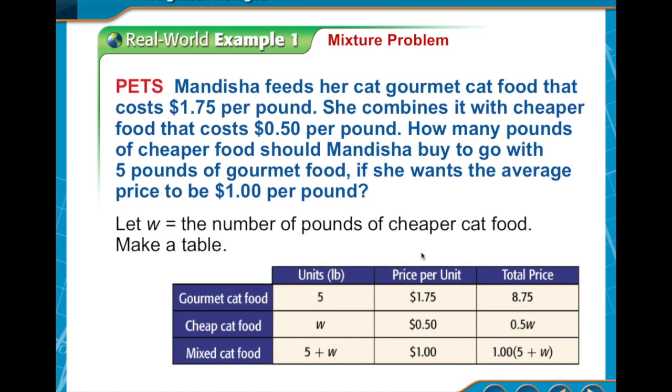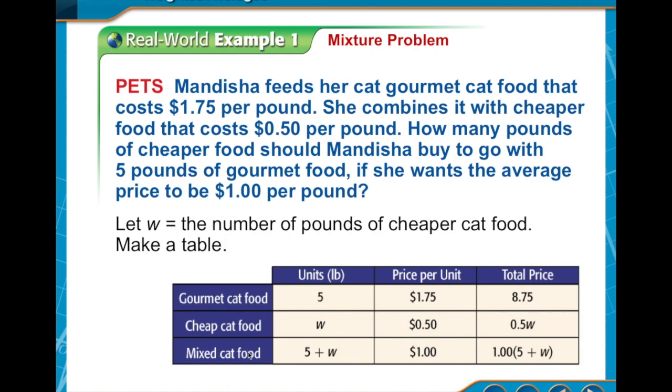Here we see three more things on the other axis. We've got our units that are just the pounds of food. So for the gourmet cat food, they tell us it's 5 pounds. So there we have a 5. The cheap cat food, we don't know how many pounds of that we're going to buy, so we'll just use a variable for that. In this case, we use W.